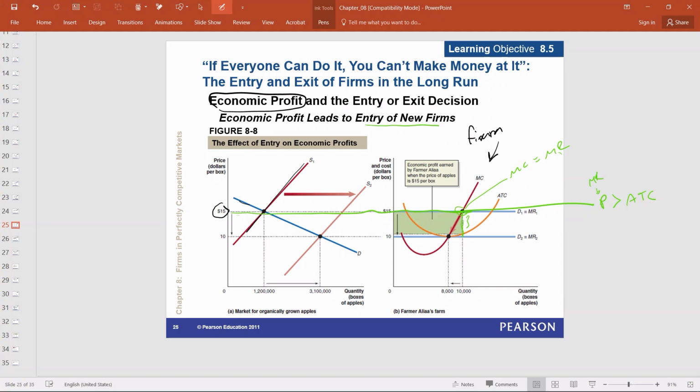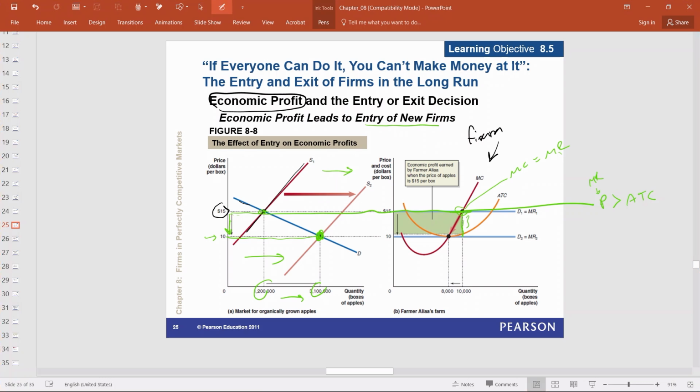So this is more production, and this will make the supply curve move to the right. When it moves to the right, we will reach a new equilibrium, and at this new equilibrium the price is going to be below the initial one, so the market price declined and reached 10.